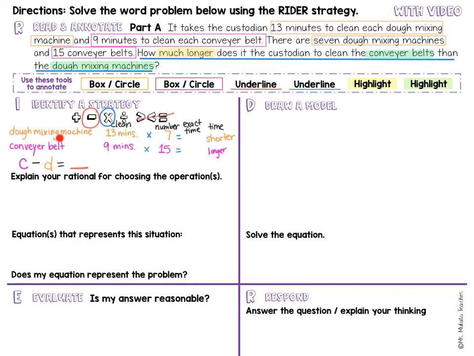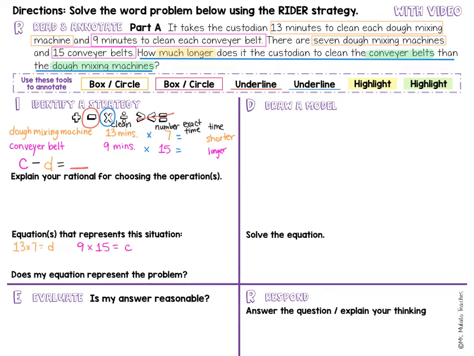So for the dough mixing machines, we have 13 minutes times 7 equals D for the amount of time it takes to clean the dough mixing machines. Then we have the conveyor belts. They take 9 minutes each and there are 15 of them. So we can then write 9 minutes times 15 equals C, the conveyor belt time.